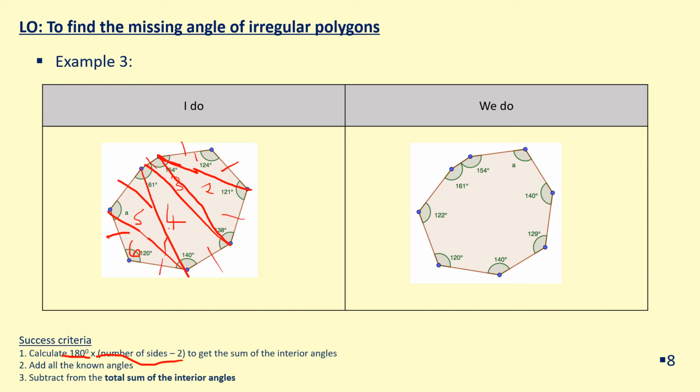We've got 8 for this irregular polygon. So number of sides is 8. Subtract that by 2. That's now 6. We're going to do 180 multiplied by 6 equals a whopping 1080.